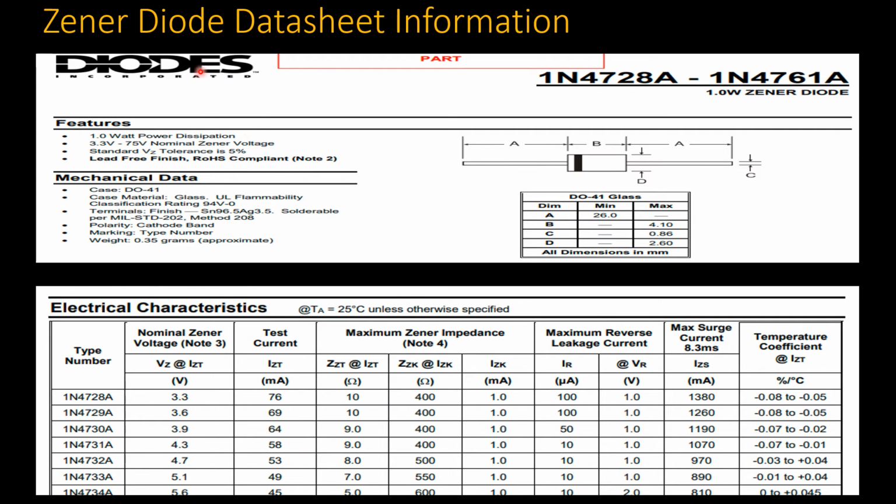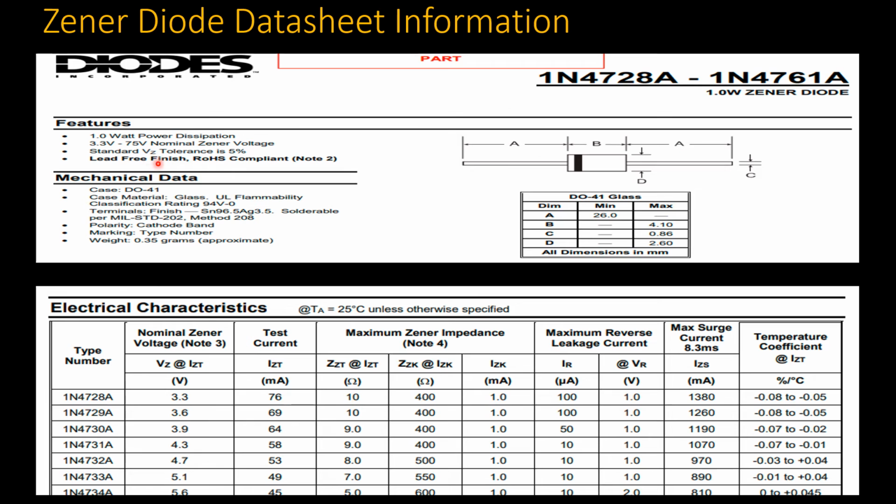Now we will talk about Zener diode datasheet information. I have selected the 1N47 series Zener diodes from Diodes make. As mentioned in the features, these Zener diodes are capable of 1 watt power dissipation, and the Zener voltage ranges from 3.3 volts to 75 volts. That means if we require a 5 volt Zener diode we can select 5 volts, and if we want a 75 volt Zener diode we can select 75 volts also.